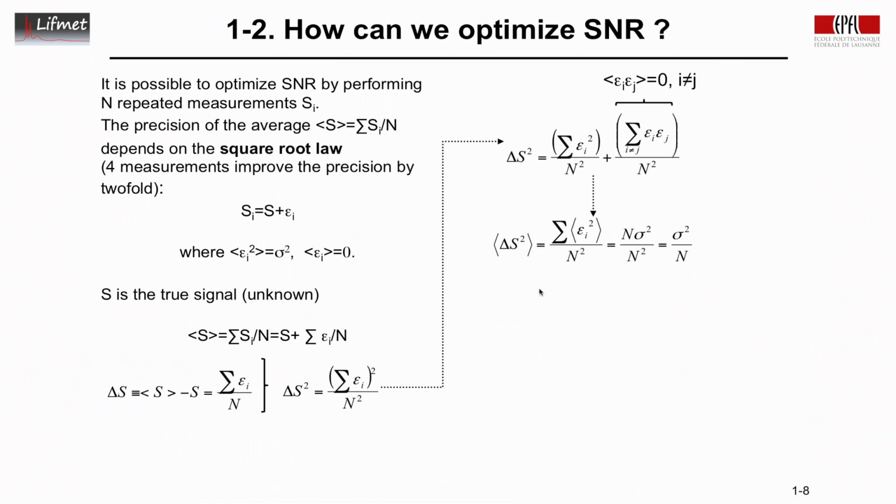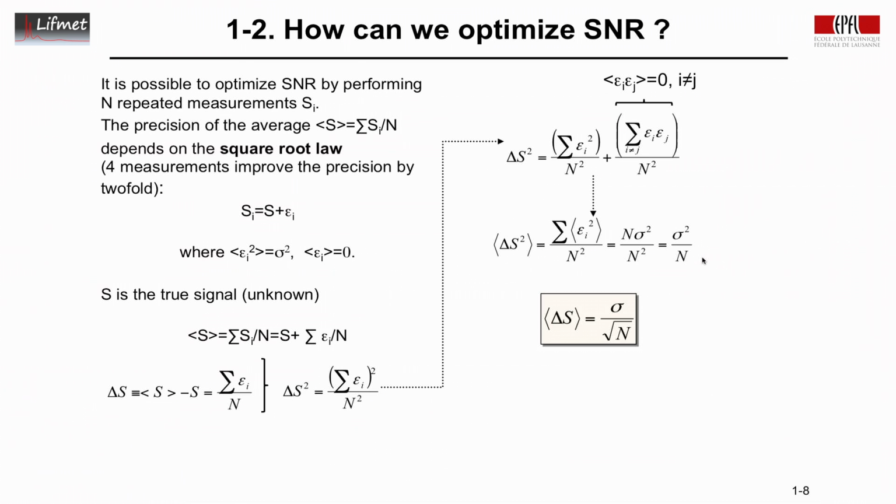And now we come to delta S squared being equal to the sum of epsilon_i squared, which is nothing but n times sigma squared. The sum of epsilon_i squared is n sigma squared, and so we now have the deviation, delta S squared, equal to sigma squared divided by n.